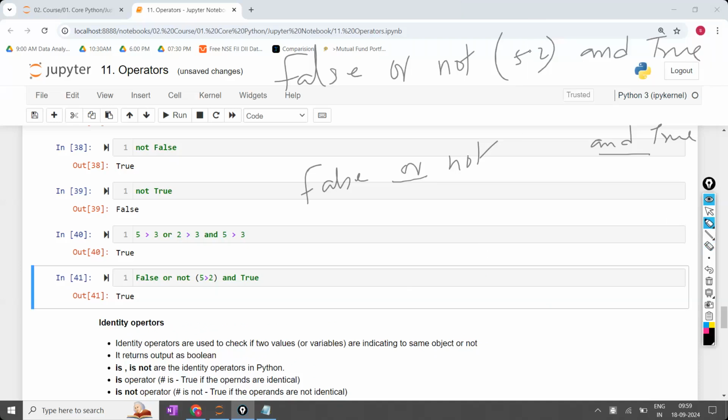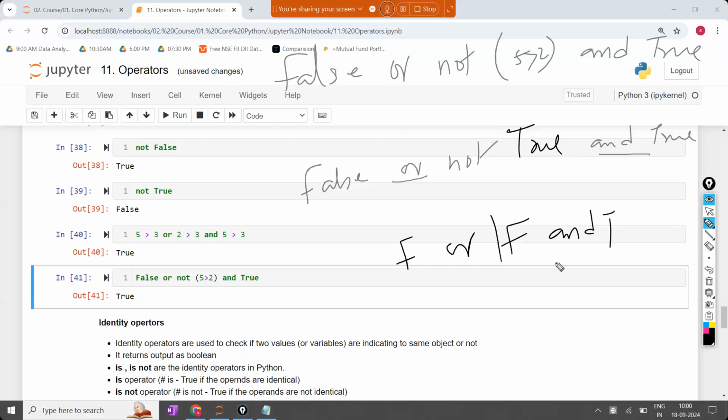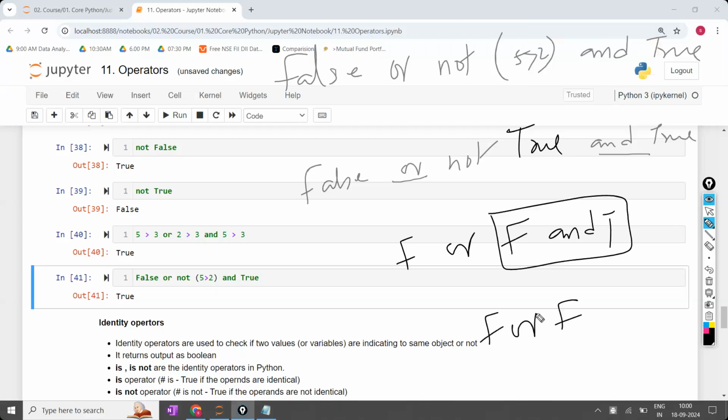The output of 5 greater than 2 is true. Sorry, I was wrong earlier. Not true is false. So false or false and true. Now what is the next one? False and true, what is that? Now false or false.